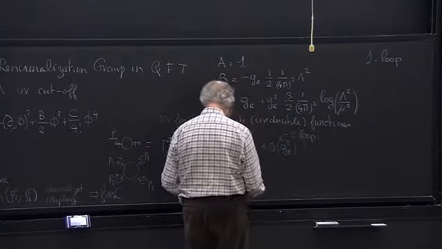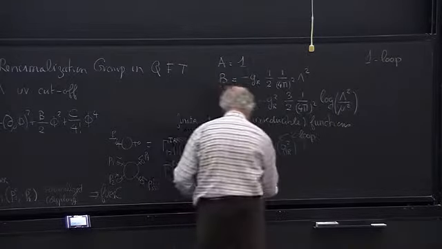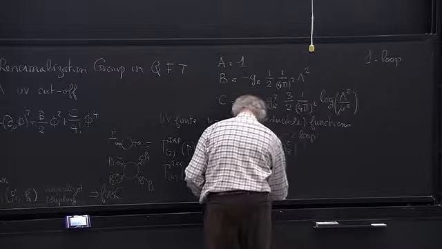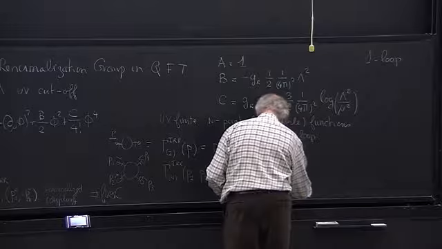And then we have minus GR squared, that's the result of the calculation, 1/2, 1/4 pi squared.